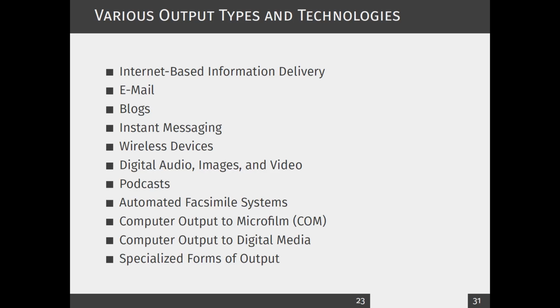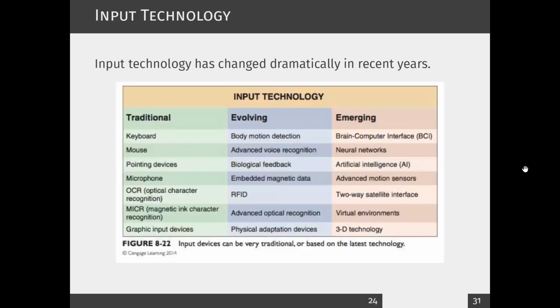Now we have internet-based information delivery. We can use emails, blogs, instant messaging, wireless devices, digital audio, image and video, podcasts, automated facsimile systems, computer output to microfilm, computer output to digital media, a specialized form of output. These are different types of output and technologies.